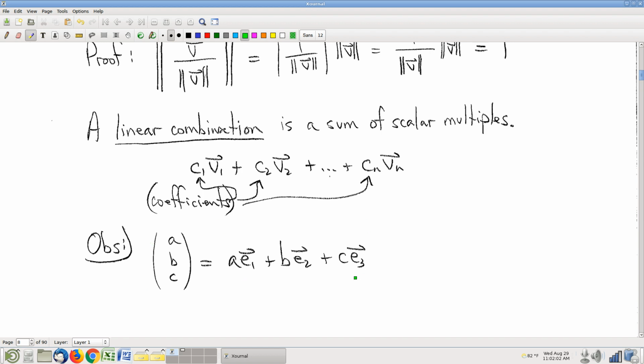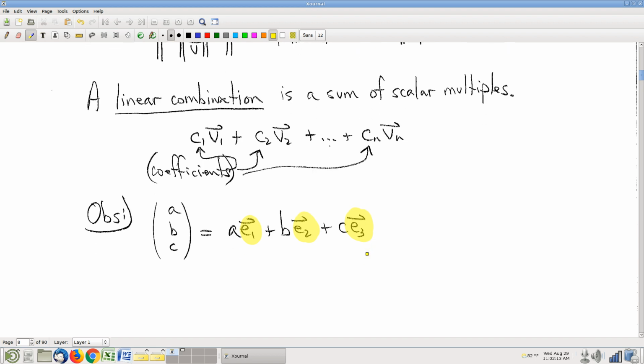The interesting thing about this is this shows a weird feature of these vectors. Now let me remind you, these vectors, E1, E2, and E3, that we were talking about a minute ago. These vectors have this weird property that when you write a vector as a linear combination of those E vectors, according to this formula, the coordinates of the vector are the coefficients in the linear combination.